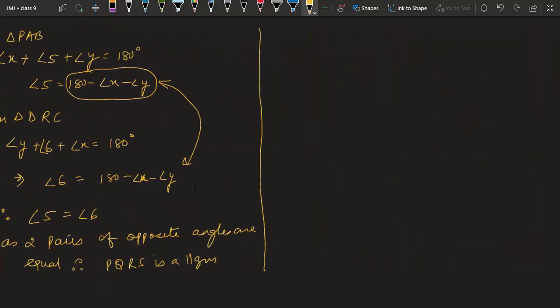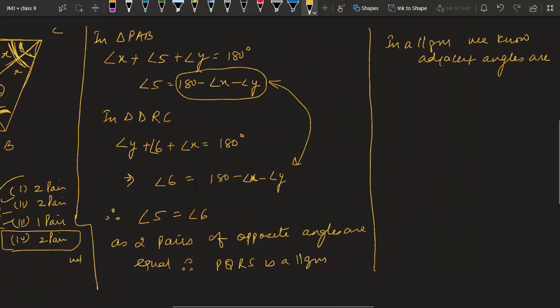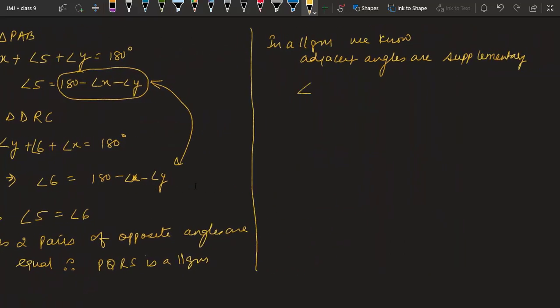Now in a parallelogram we know adjacent angles are supplementary. So we can say angle 6 plus angle 4 is equal to 180 degrees, and the value of both is 180 minus x minus y only.